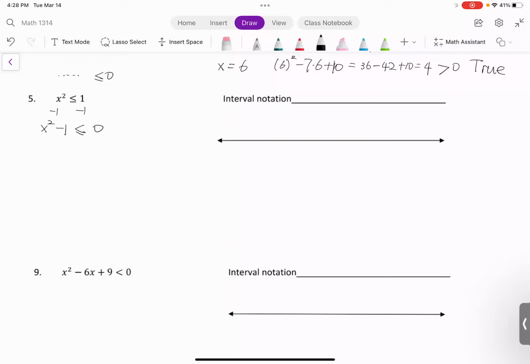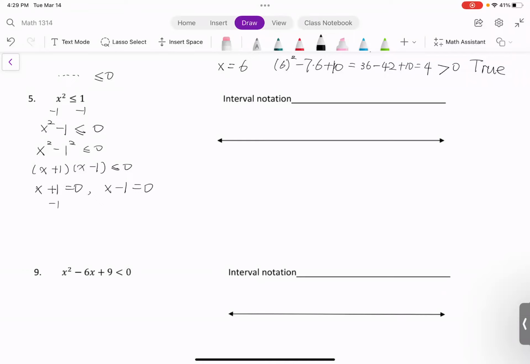We can find the x-intercept. Can you factor this polynomial? Is this a conjugate formula? x squared minus 1 squared less than or equal to 0. Yes, it is. That's x plus 1 times x minus 1 less than or equal to 0. Then solve this inequality or find the x-intercept. x plus 1 equal to 0. x minus 1 equal to 0.